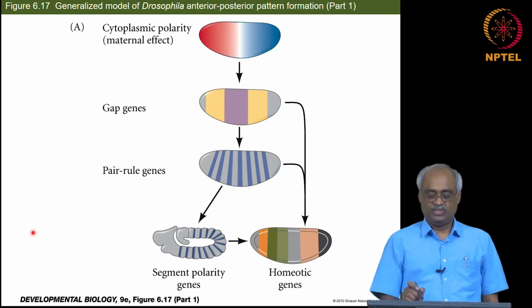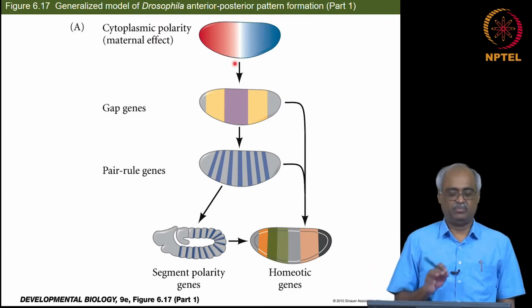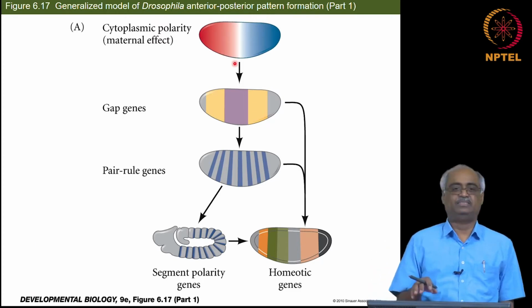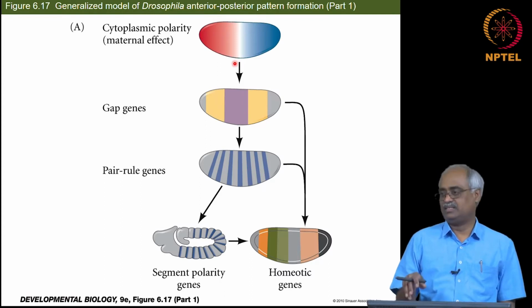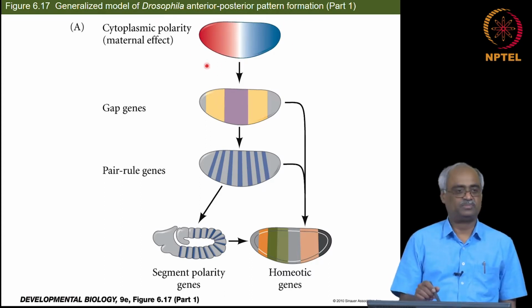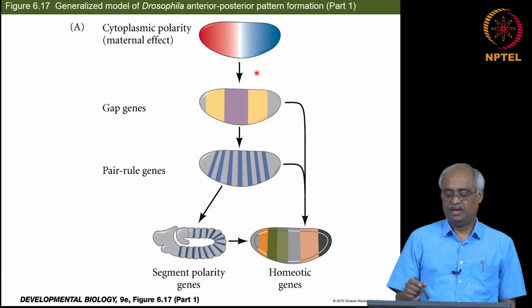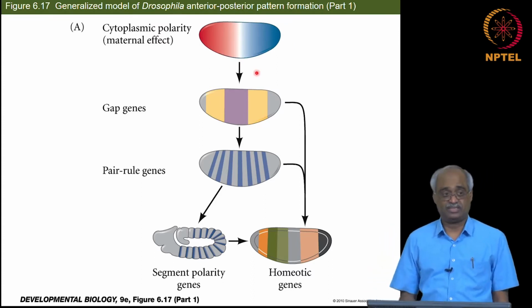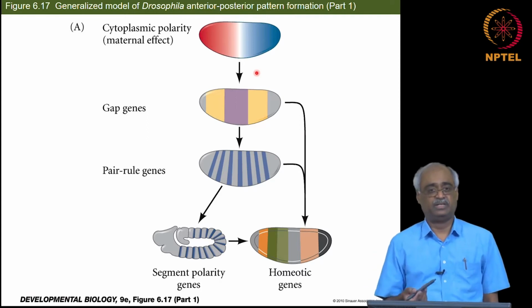These are usually mRNA, and they are asymmetrically localized or asymmetrically translated or both, and that is how this initial pattern forms.